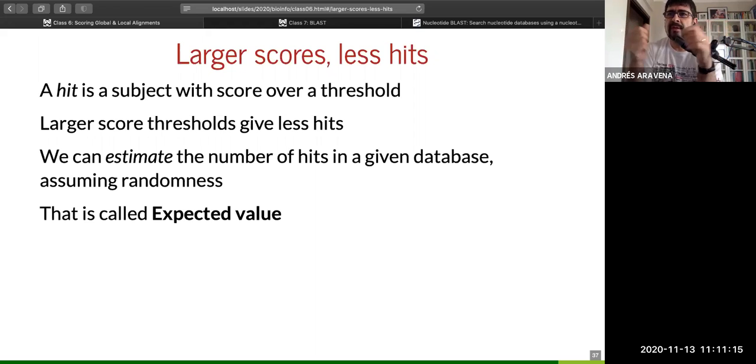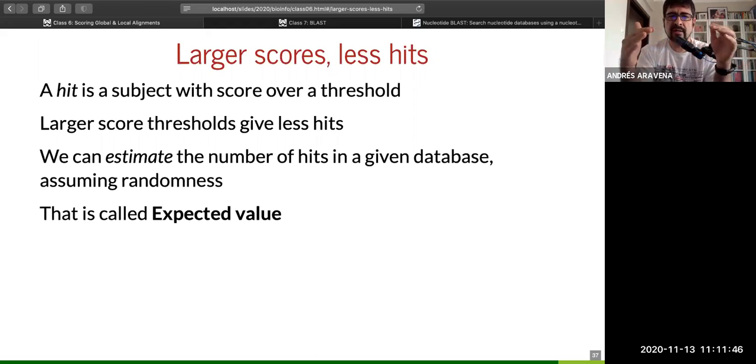So the statistical hypothesis is this. If I have a database with letters that are chosen randomly, you just put letters A, C, T, G randomly, let's say, what are the chances that I will find an alignment with this score? If my score is very small, I will have a lot of hits, a lot of results that are just random.